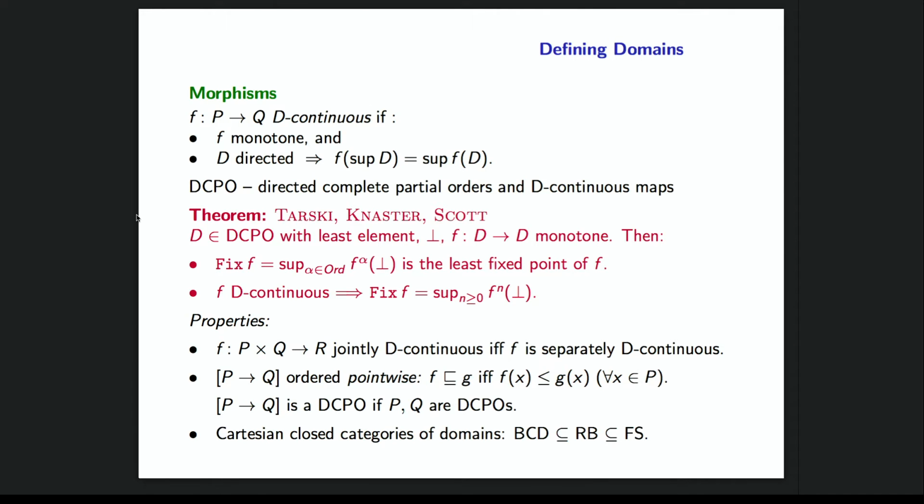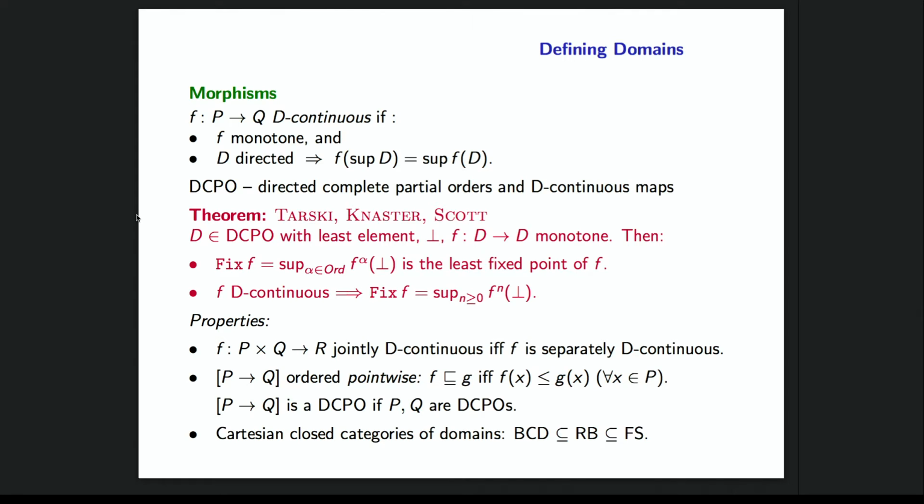And it's gotten just by iterating the function at bottom. Bottom's below anything, so F of bottom is above bottom, and F is monotone, so when you start iterating, you get an increasing family. And eventually, you're going to run out of ordinals because the set D only has a certain size. And once it starts repeating, then you've reached the least fixed point. Fockiant really used that in his example about Datalog this afternoon.